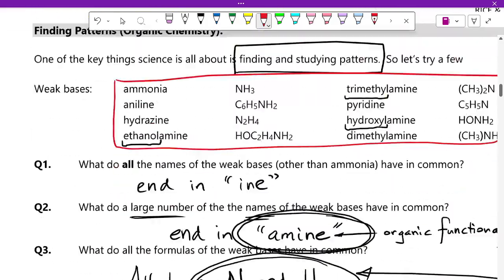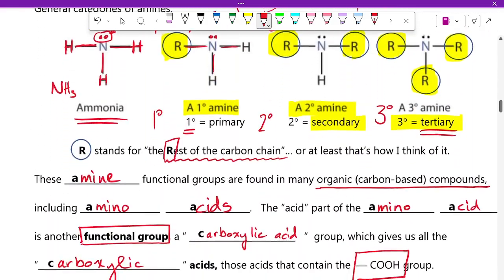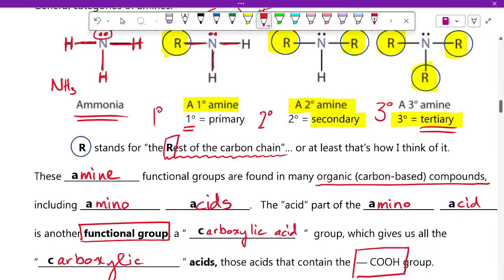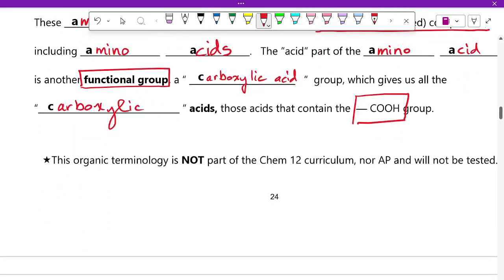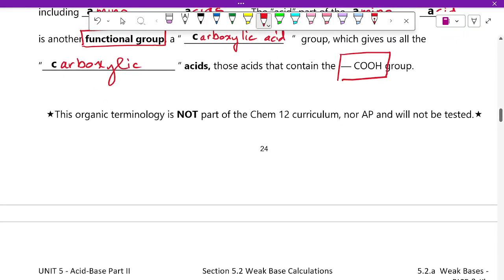Yes? So the functional group means that when you have that little group in a molecule, you're going to have at least an area of that molecule that acts like a base. If you have a carboxylic acid group, it's going to act as an acid. So none of this is in the grade 12 curriculum. It will not be tested, none of that.